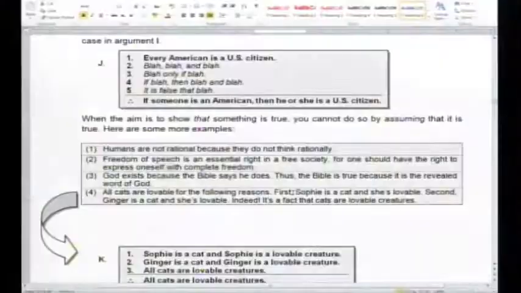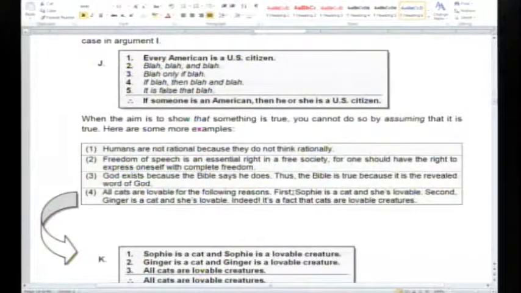Now, your claim, or at least a component of your claim, will always occur somewhere else in your argument. Otherwise, there wouldn't be any logical relation between your premises and your conclusion. And unlike the cases I just showed you, where God exists, therefore God exists, or the Capitol's in Washington, D.C., therefore the Capitol's in Washington, D.C., well, that's obvious, right?